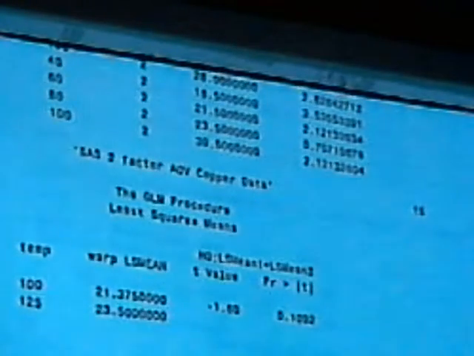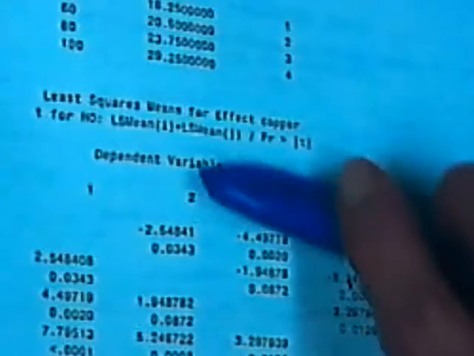Then we go on and look at the other variable, copper, which had 4 values. There's the means. And then here's the table involving the pairwise t-tests. It's going to take the difference of the two means as the hypothesis of interest.